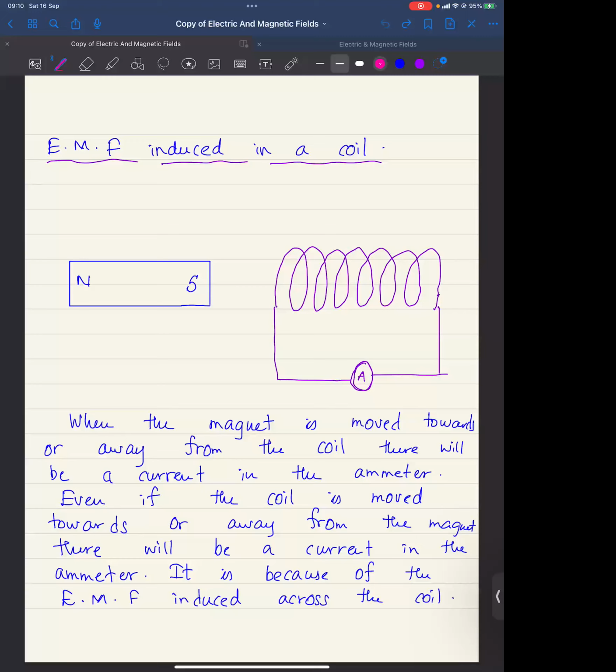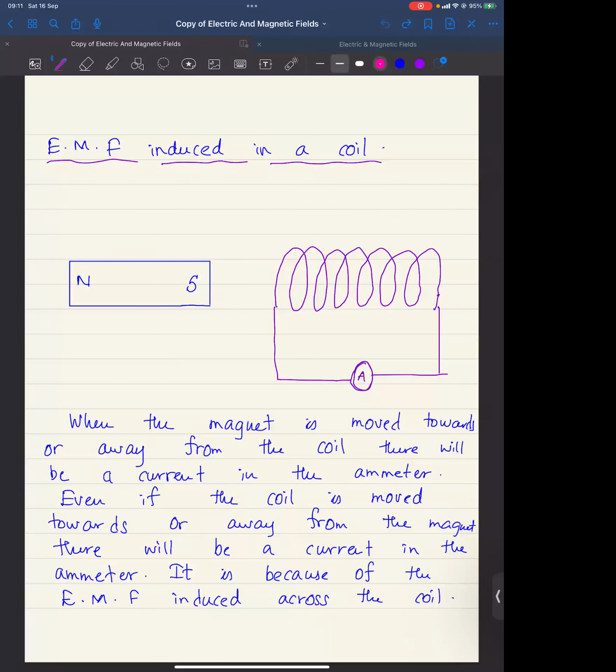Even if the coil is moved towards or away from the magnet, there will be a current in the ammeter.